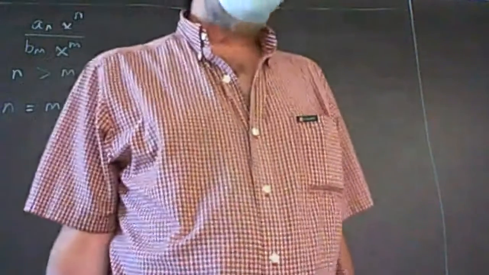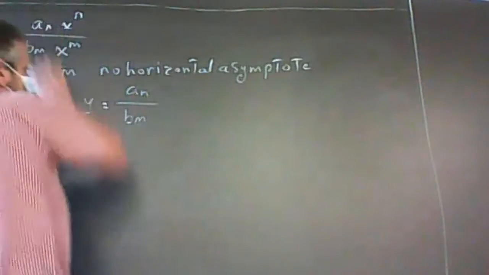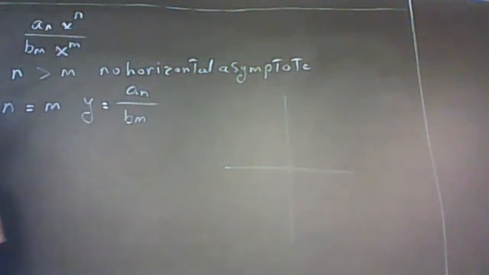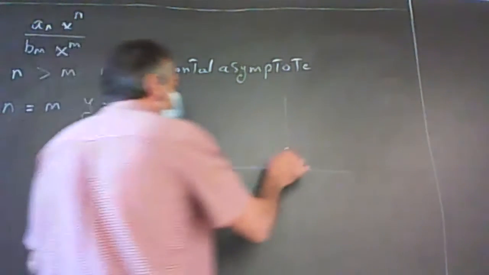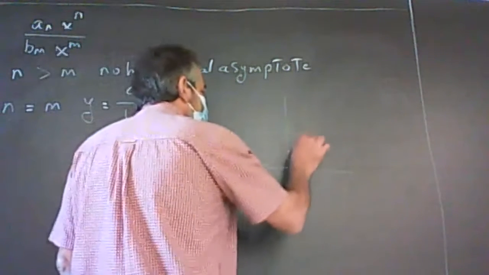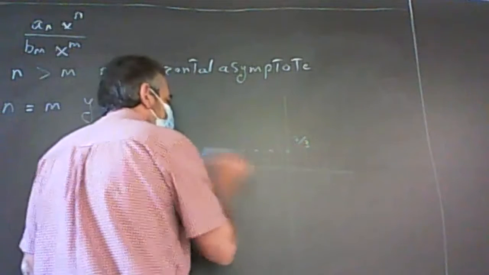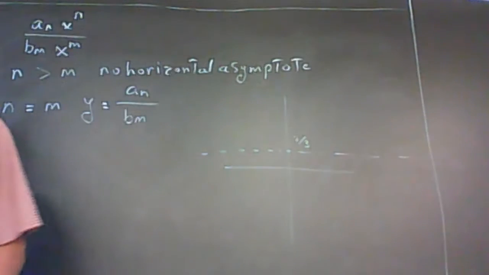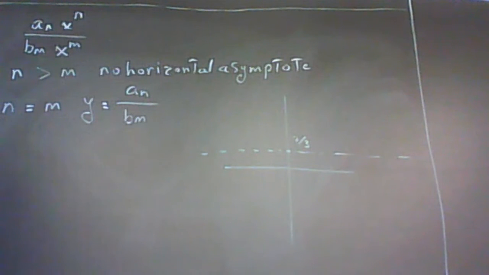So for example, if an is 2, and say bm is, let's say, 3, yes? Then you will look at the point 2/3, which is over here, say, and this is where your horizontal asymptote is. Yeah? Clear?